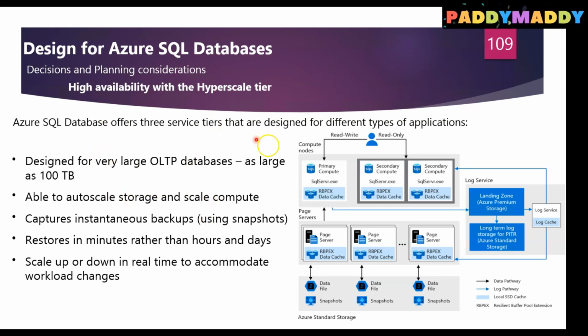Hyperscale will be utilized for business critical OLTP databases which are going to serve more than 100 TB, and it can auto scale the storage and even auto scale the compute here. It's going to capture backups instantly using snapshots, and it's going to restore in minutes rather than hours or days. So scale up and scale down happen in real time to accommodate workload changes.